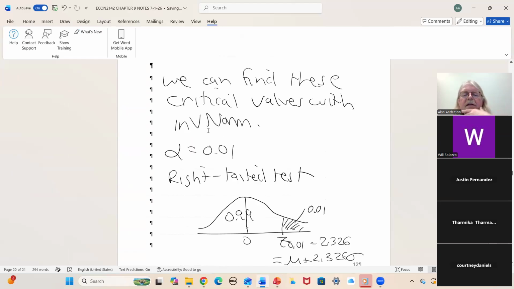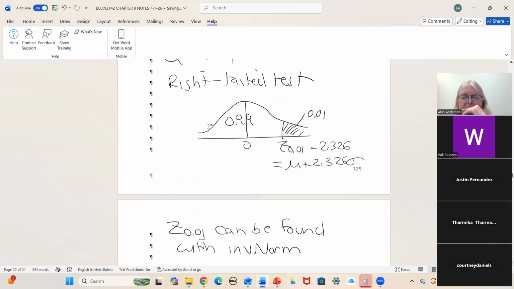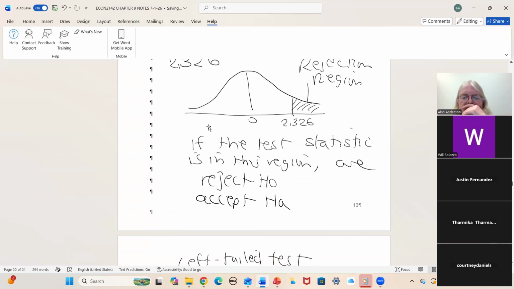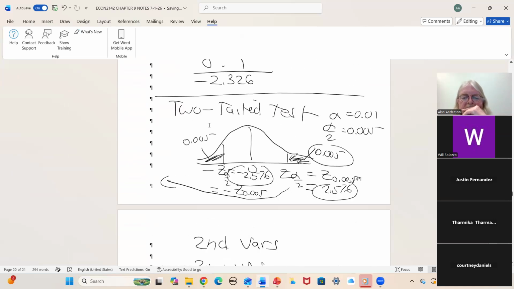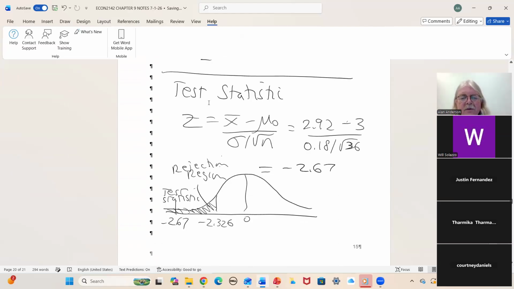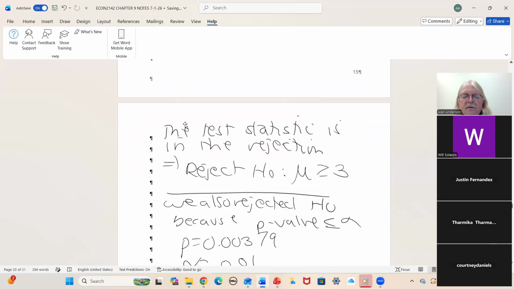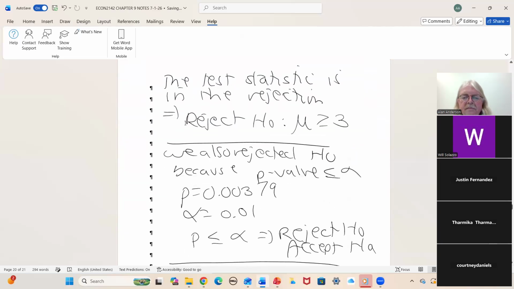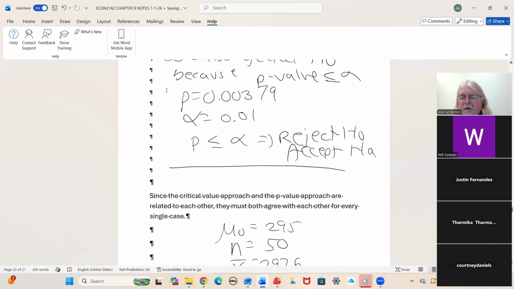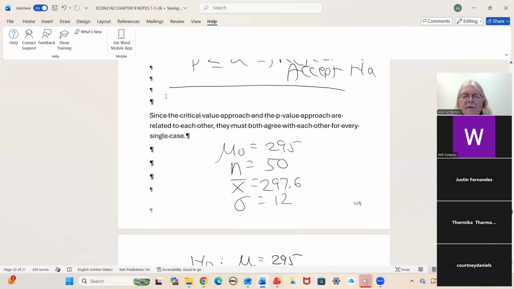Once we've established that, we can use INV norm to find the actual values of these critical values. Go ahead and compare the test statistic. If the test statistic is in the shaded region, which is our rejection region, then we reject the null. Otherwise, we don't. The p-value and the test statistic critical value approach both provide us with the same results.